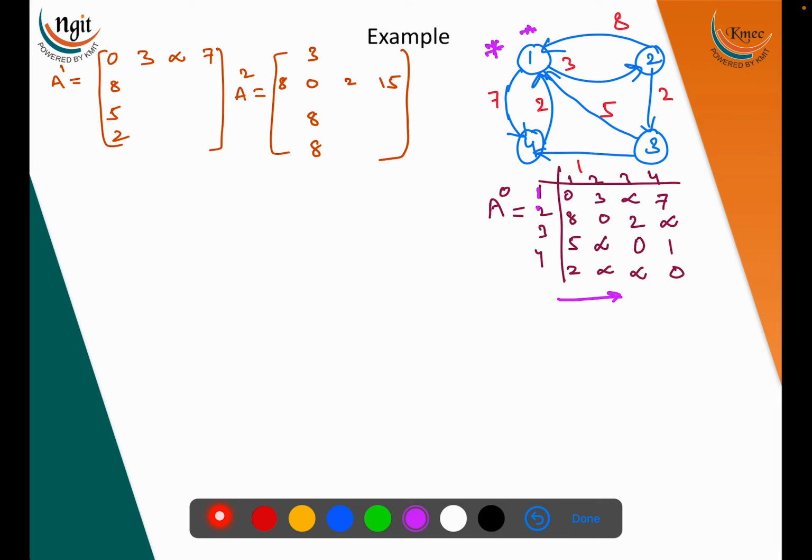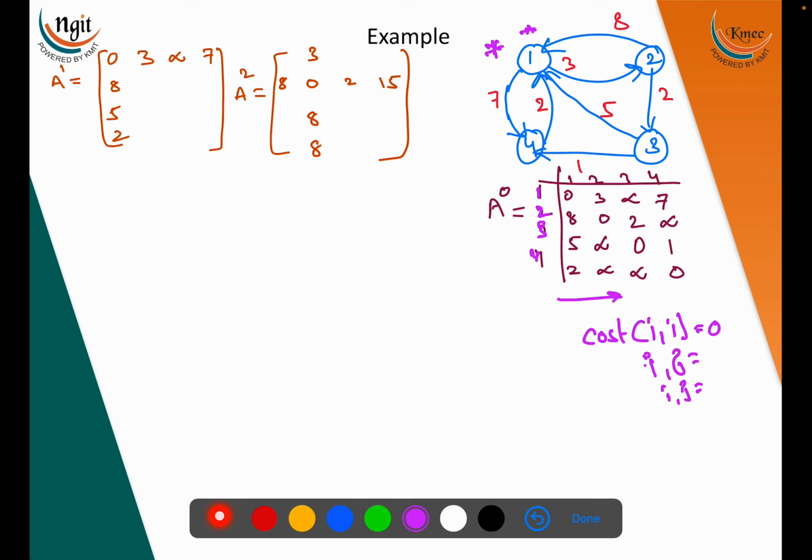So 1, 2, 3, 4 I have taken, right? Now 1, 2, 3, 4. As far as the all pairs shortest path principles are considered, all self loops are 0. That means cost of i, i is 0. And cost of i, j will be a value if it has some edge.